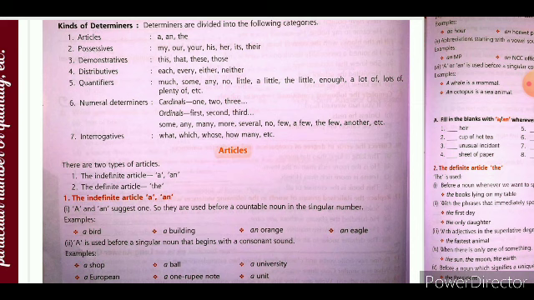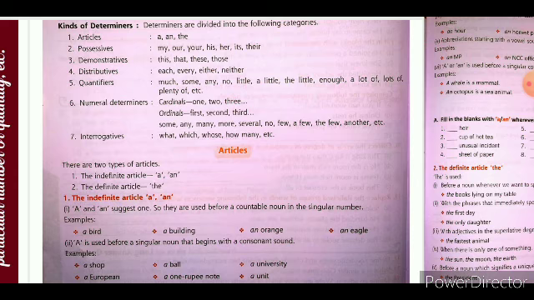Now you can see the definite article and the indefinite articles, that is a or an. So what is the criteria for using a and an? The very simple criteria is that a is placed before a noun that starts with a consonant sound, and an is placed before a noun that starts with a vowel sound. So that's the very common rule.